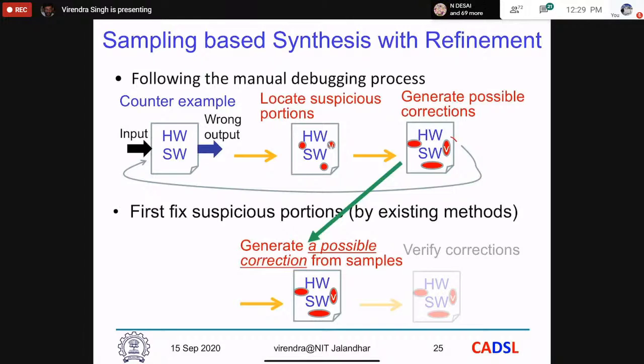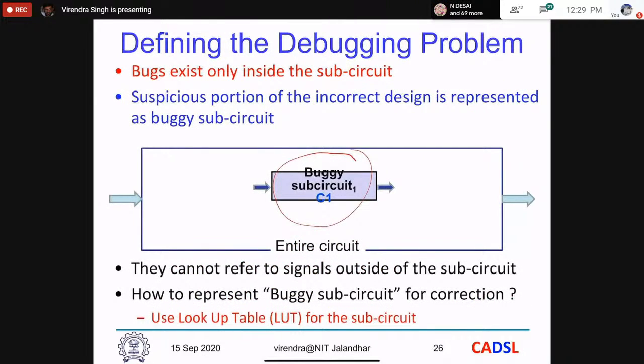So if the bug is there in this sub circuit only, not the entire circuit, in that case we can fix that particular bug. So the suspicious portion we can represent by this, the buggy design.